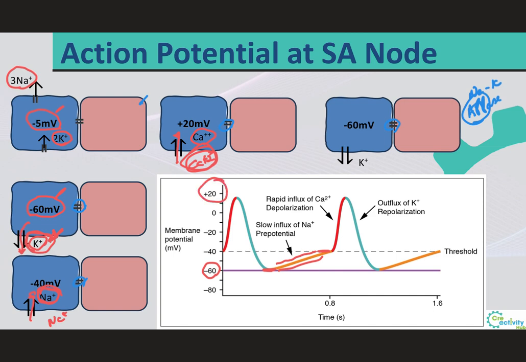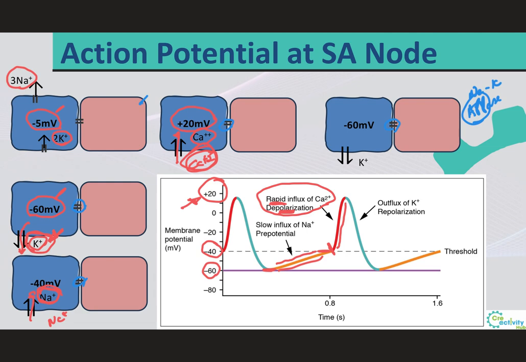And once it reaches minus 40 millivolts, this is going to be the threshold for another group of channels. They're going to be a different type of calcium channel, which is going to be a faster type of channel. And this means that more calcium will enter. And when it does, it will bring the membrane potential suddenly to a positive 20 millivolts, which is what causes the depolarization of the membrane, and this will lead to an action potential.